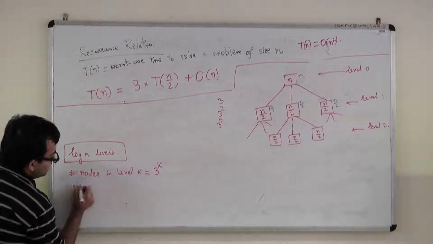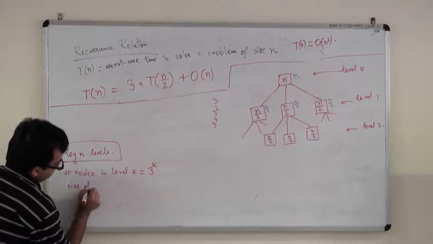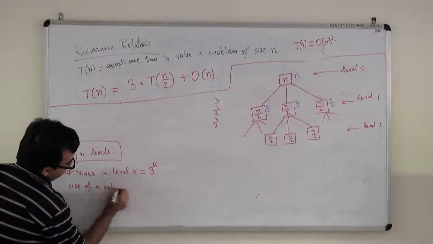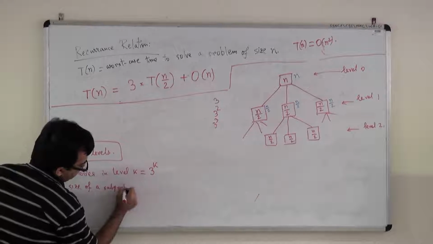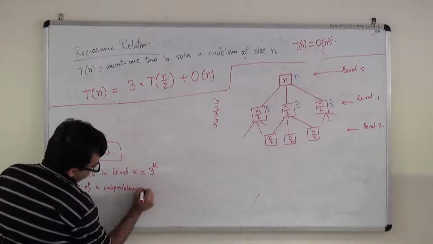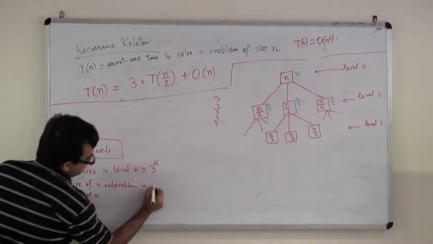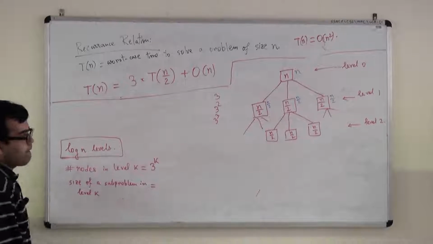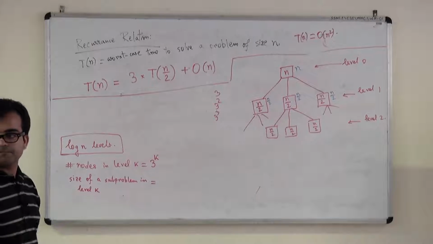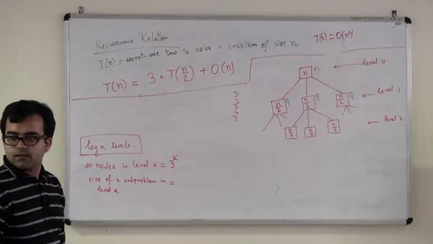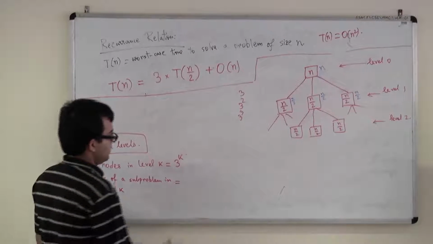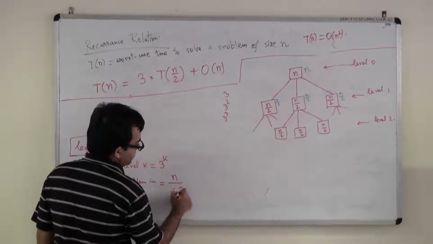What will be the size of a subproblem in level K? What will be this size? Anyone? Exactly. It's going to be n divided by 2 to the power K. Why?